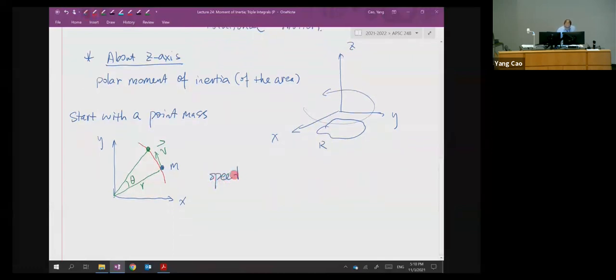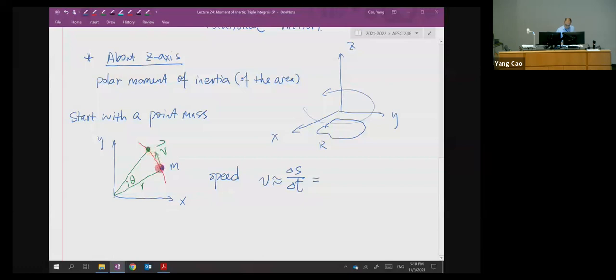First, we're talking about speed. Speed is v. Speed is equal to the displacement over the time, so delta S over delta T. And delta S, as I said, illustrated here, you're moving from this location to this location along that arc.